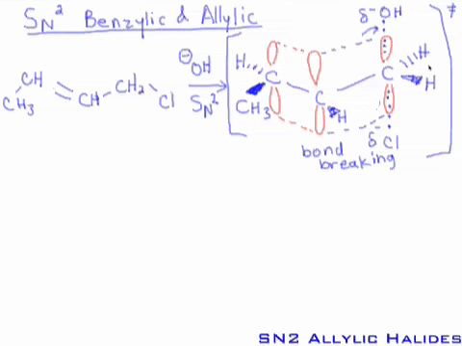Side-to-side overlap allows electron movement along here, throughout this pi system. That means this transition state is especially stabilized, and because of that special stabilization, the allylic transition state is low energy and often more reactive than even methyl halides.